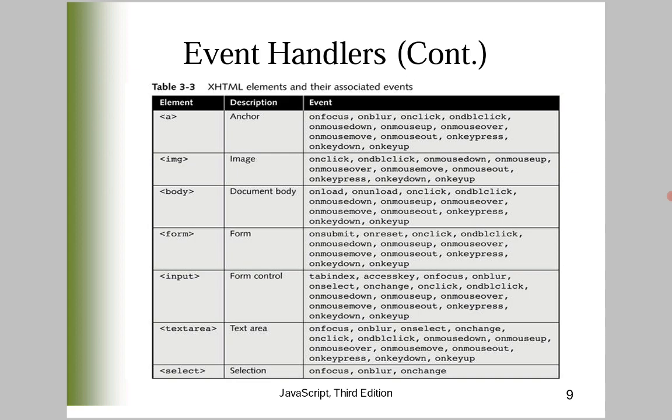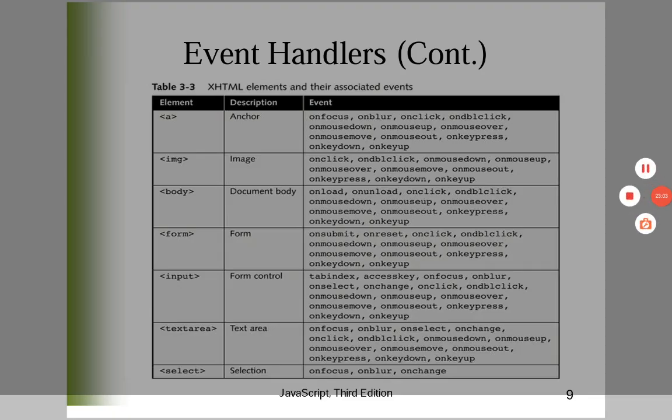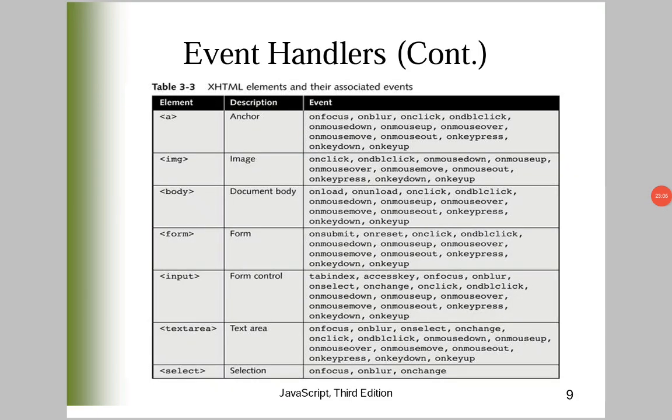Next element is image. What is the image tag? The image tag is generally used to load an image in an HTML page. What are the different events used with images? Onclick means when you click on an image.